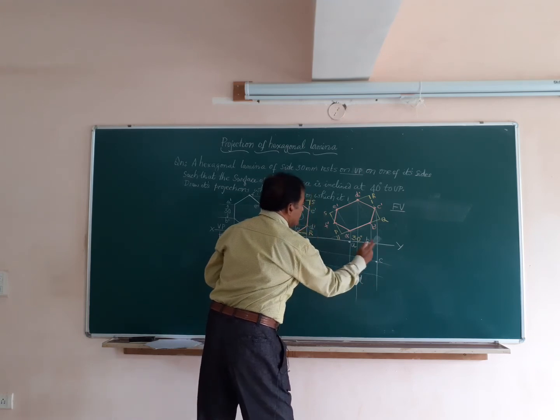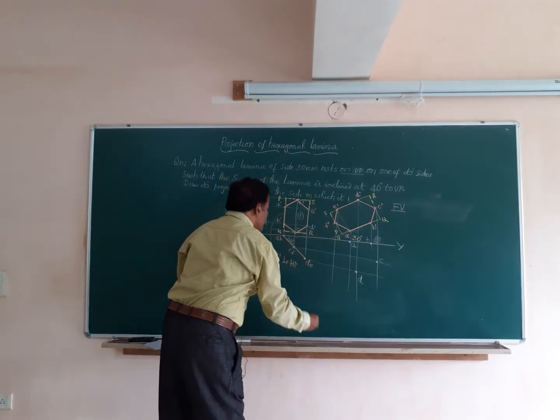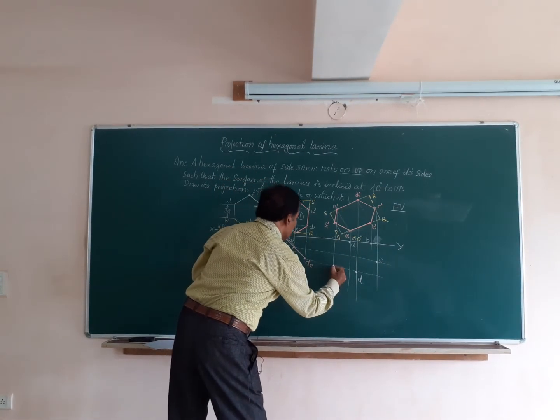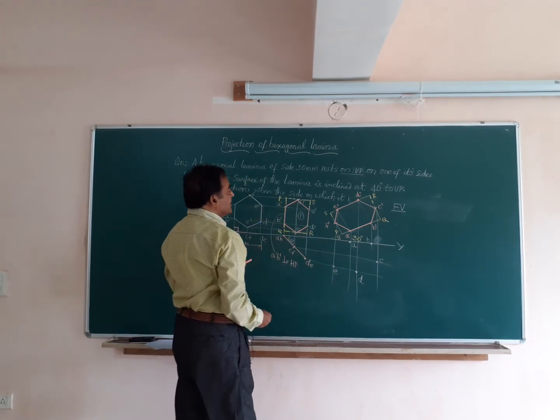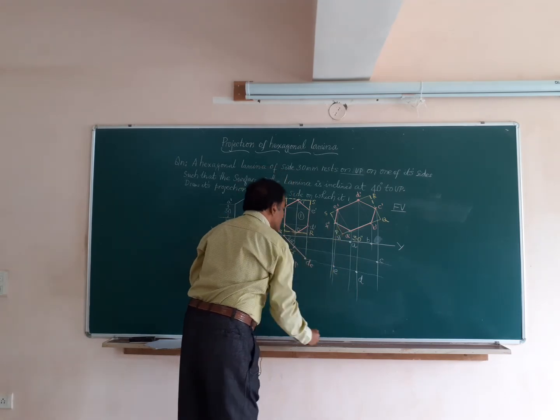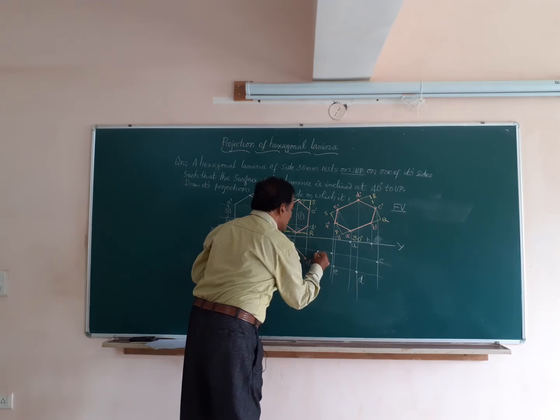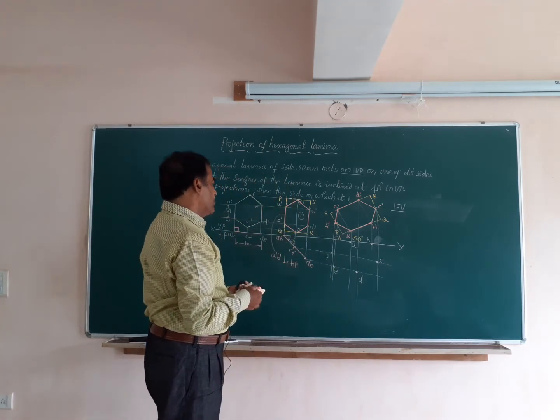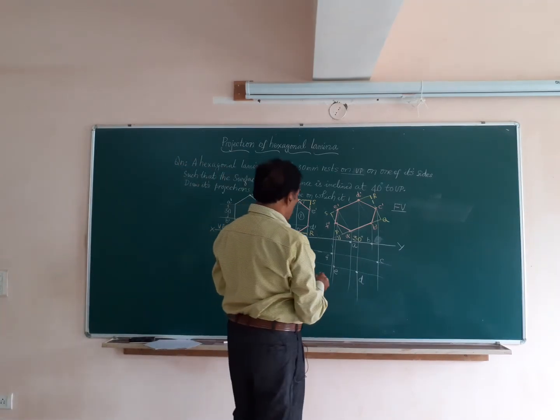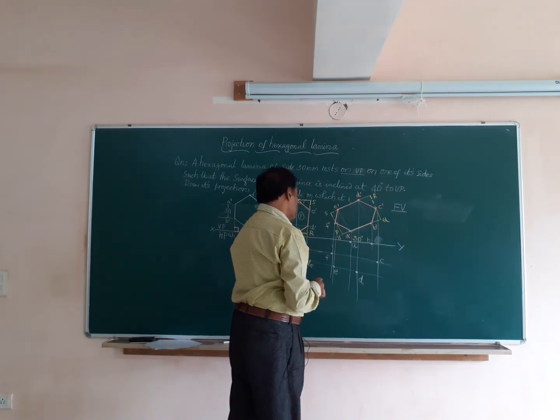We got A, B, C, D. Next E, draw a vertical line from E, a horizontal line from E. This is going to be the point E. Finally, we should get F. Draw a vertical line from F, horizontal line from F. The point of intersection of these two lines will give you the point F. Friends, we have got all the 6 points of this lamina. In the top view, join these points by straight lines.